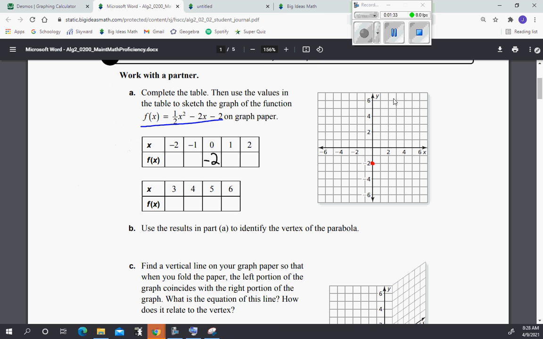And then I like to work with 1 first. I like to work with the positives first. So we're going to get 1/2 times 1 squared minus 2 times 1 minus 2. Well, 1 squared is 1, so we're just going to get 1/2 minus 2 minus 2. 1/2 minus 2 is, what is that? -1.5.